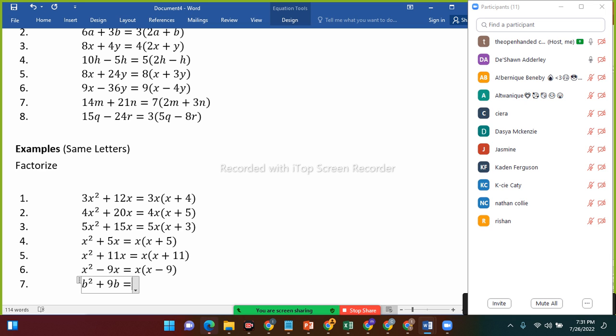You would say b, open bracket, plus 9. What goes inside? Okay, b outside, open bracket, b again, and plus 9. Plus 9, very good. Because b times b is b squared, and b times 9 is 9b. Okay.